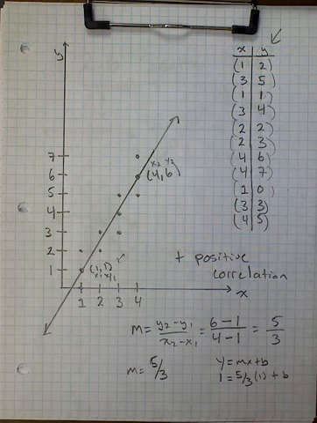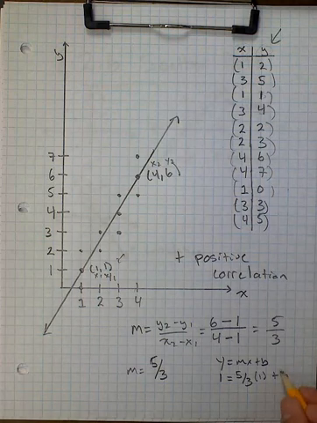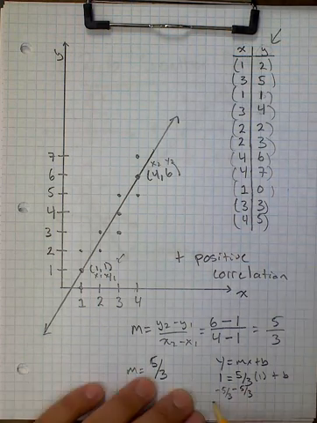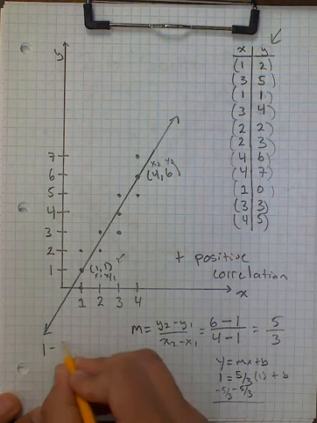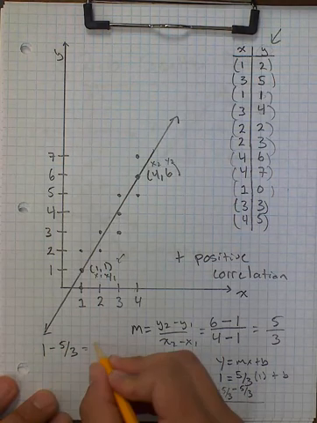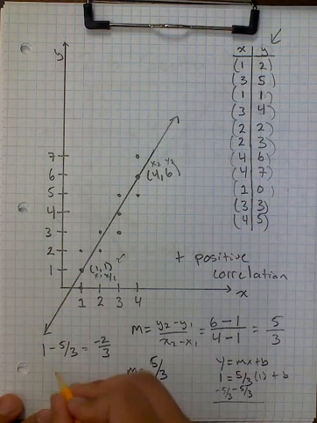So 1 equals 5/3 plus b. To solve for b, I subtract 5/3 from both sides of the equal sign. I'm running out of room here, but 1 minus 5/3 is negative 2/3. That's what b is equal to.